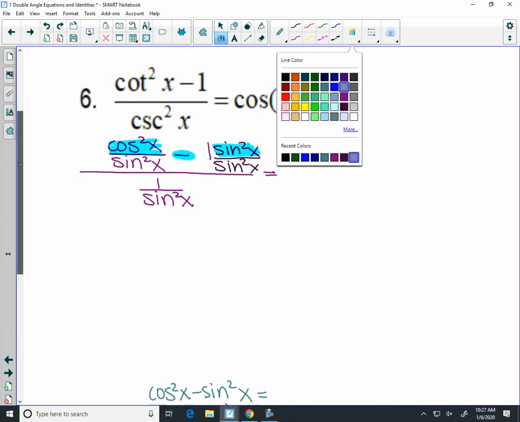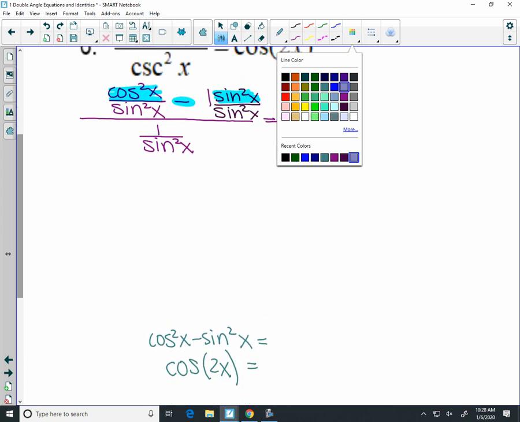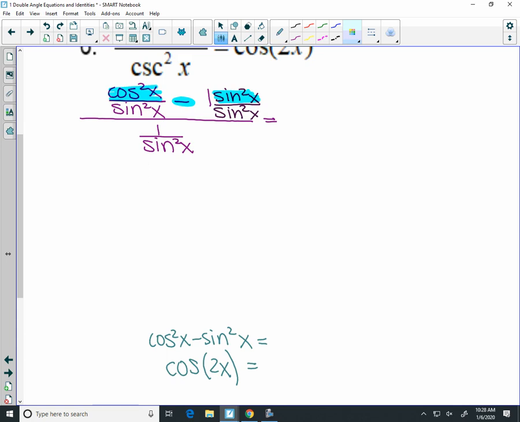So I'm going to rewrite. My numerator is over sine squared. We made that common denominator happen. I have cosine squared minus 1 sine squared, but sine squared. My denominator is 1 over sine squared.